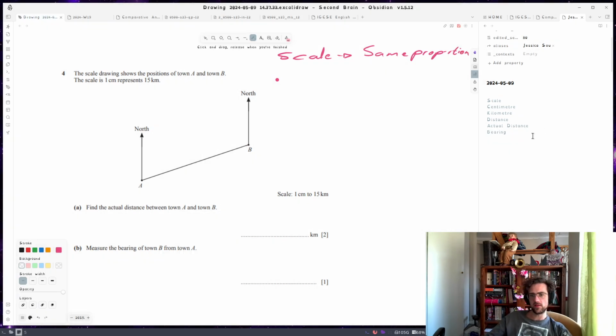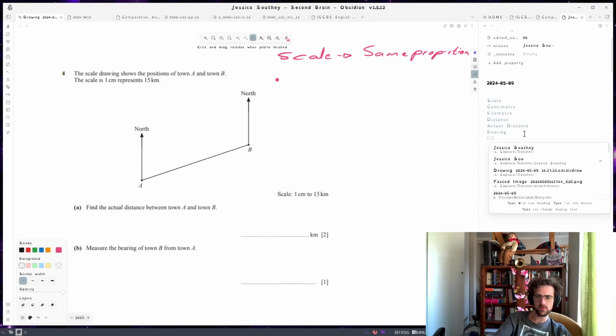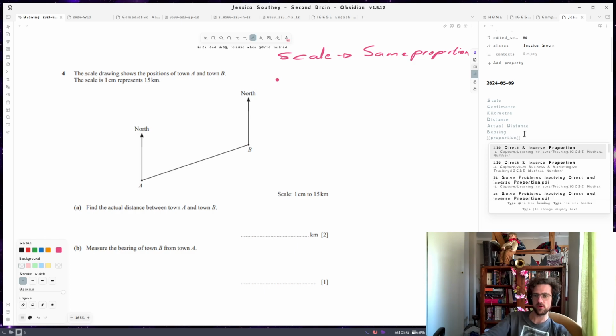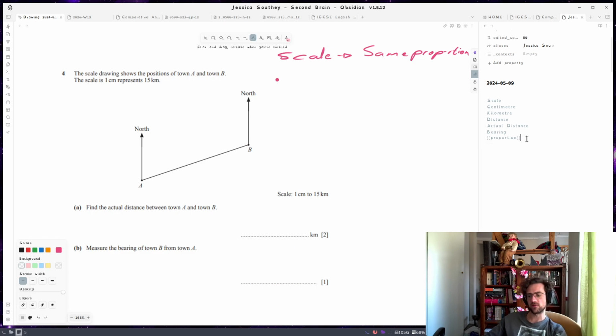So let's add this to our word bank here, because the reality is that the definitions of things, as I've been discovering more and more this week, is where a lot of people actually get stuck. Because you get to an exam, you don't know what this word means, so you don't know how to read the question.